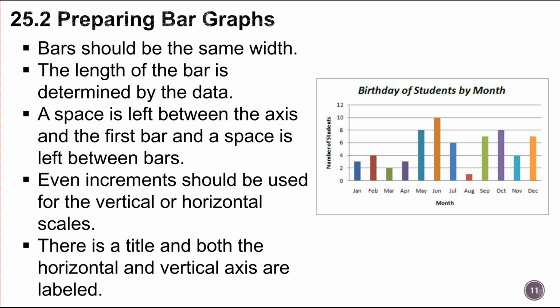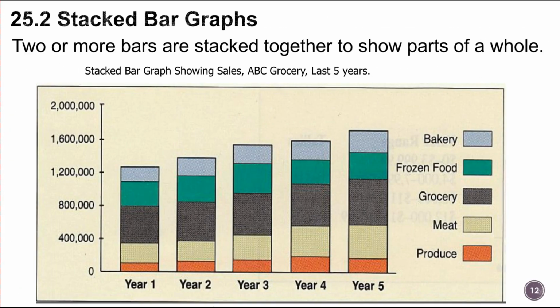Now, we're not going to actually practice that today, but there are some in the homework in your textbook and the homework booklet. This one is a stacked bar graph, and so it's basically grouping different things together here.